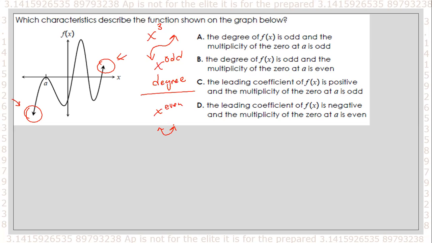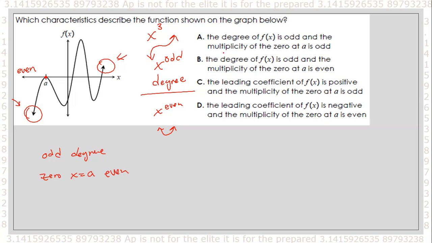Alrighty, so we have all of this and this value right here. Just like the last example, the zero at A, since it touches, is even. So this is what we know so far. We have an odd degree, and the zero at x equals A is even because it touches the x-axis and bounces back.